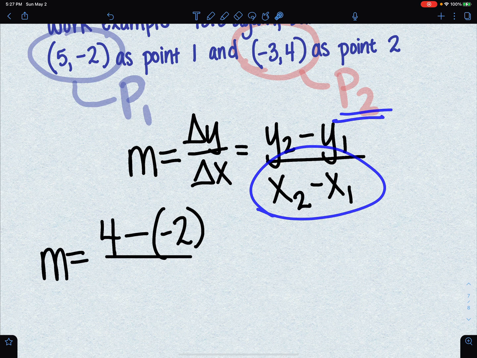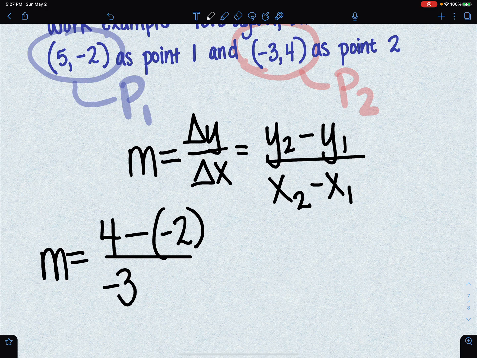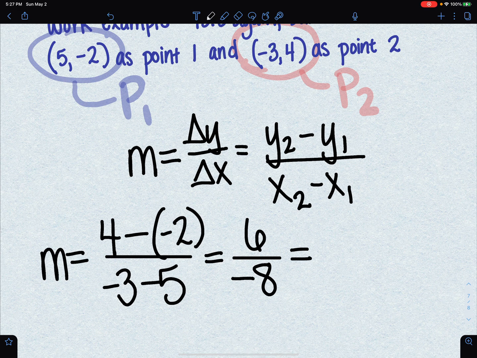This is the second point, so it's going to be x2 right here, -3, minus x1, which is 5. Okay, now let's do the math. 4 minus a -2 is 4 plus 2, which is 6. And -3 minus 5 is -8. And if we simplify this, we get -3/4. Wow, bada bing, bada boom. Look at that. Same answer as before.